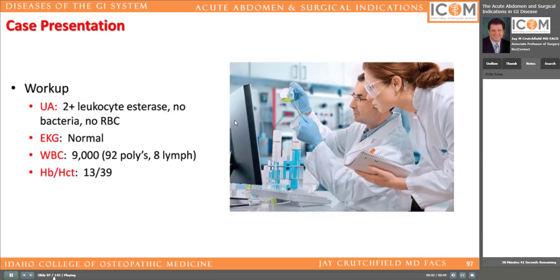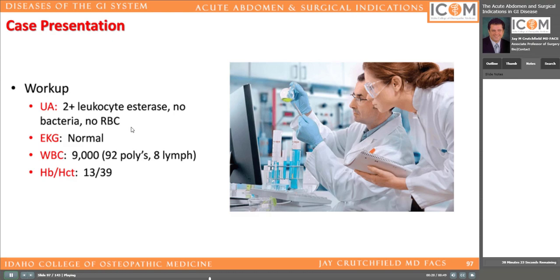Well, it's safe to do our usual workup. So we send a urinalysis, and it shows 2+ leukocyte esterase, but no bacteria, no red cells. Does she have a urinary tract infection based on this? We do an EKG, and it's normal, so she probably isn't having a heart attack.